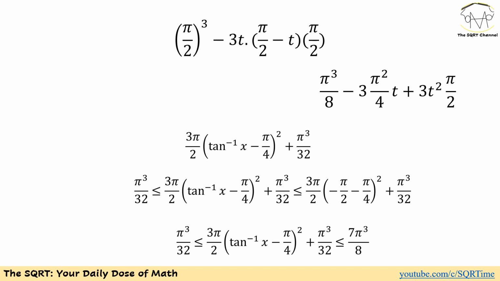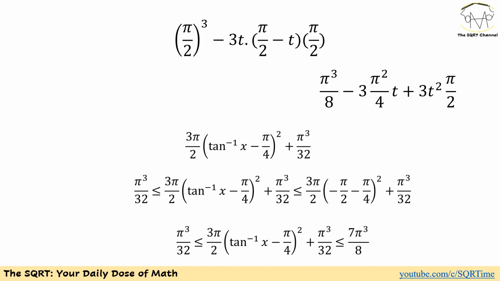Now let's go back, replace t with inverse tangent of x and see what we can get here. Additionally, I try to convert the expression into an expression that we can understand better.